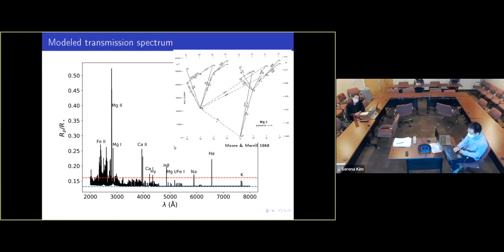I'll give a more detailed explanation of how to calculate this transmission spectrum, especially for the level that is not the ground state. For magnesium, there's just this magnesium 1 line from the ground state. It has an electric dipole connection to this level. So in our calculation, we assume this level and above are completely depleted, because it has a fast radiative decay to the ground state.